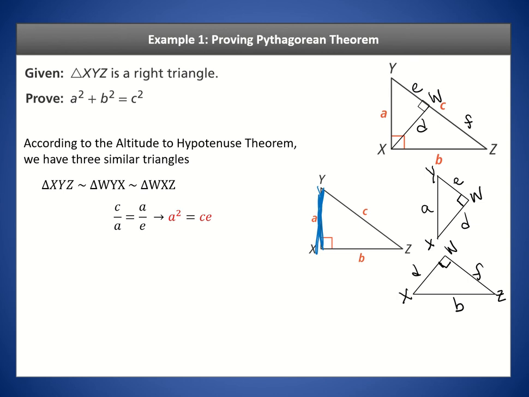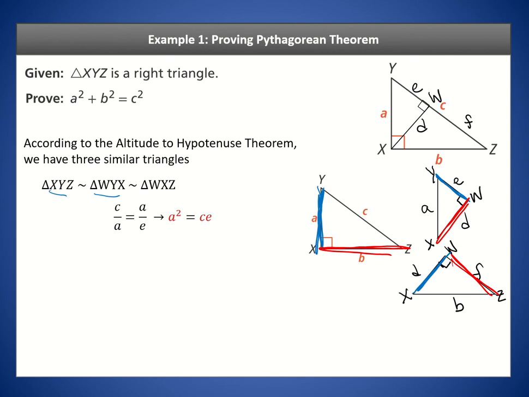That corresponds to the shorter leg here, YW, which corresponds to the shorter leg here, WX. And similarly, the longer leg corresponds to this longer leg here, which corresponds to this longer leg here, which is given in the statement. So you can use these to help you with the statements.